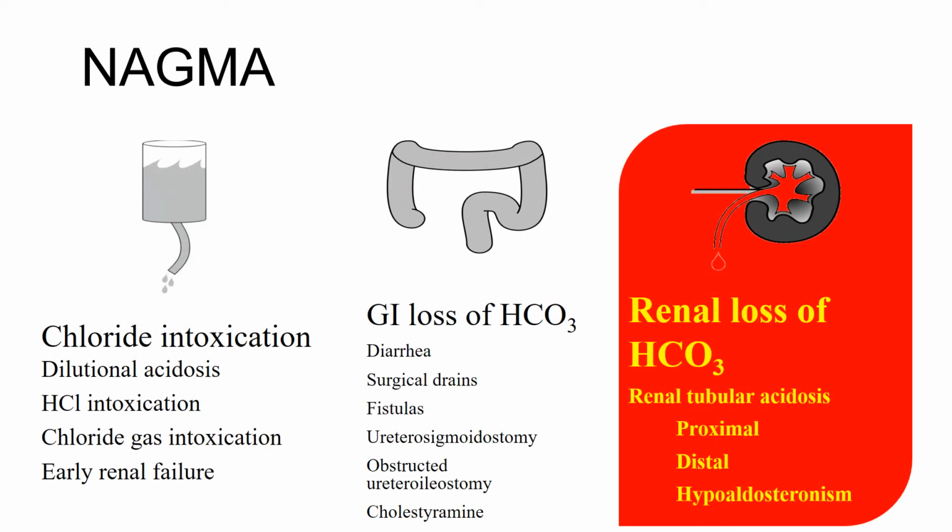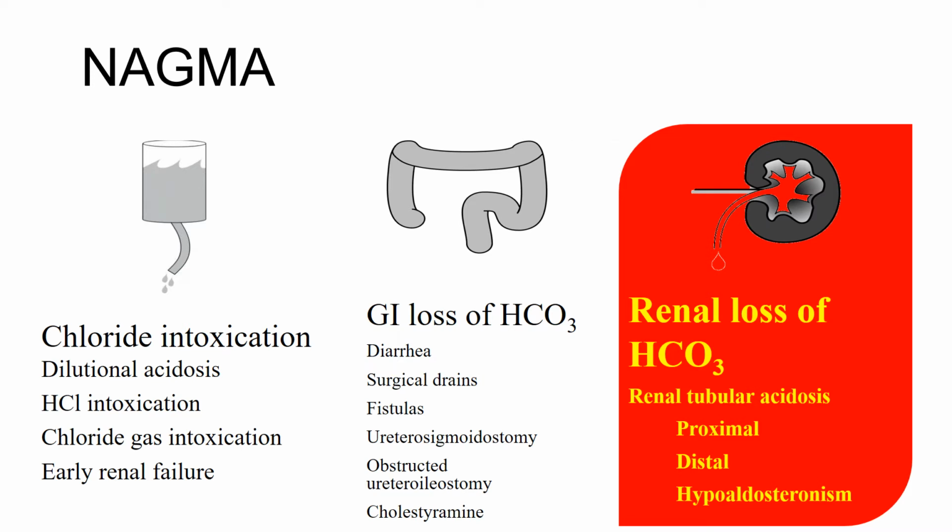The third common cause of non-anion gap metabolic acidosis would be renal tubular acidosis. One of the key things to remember when thinking of a diagnosis of RTA is that the renal function should be normal. When I say renal function, I'm alluding to the total GFR.